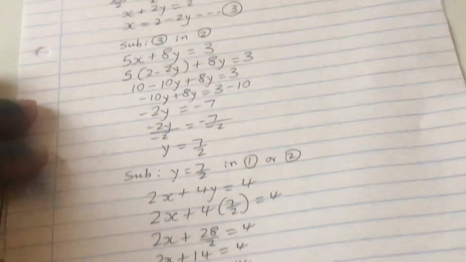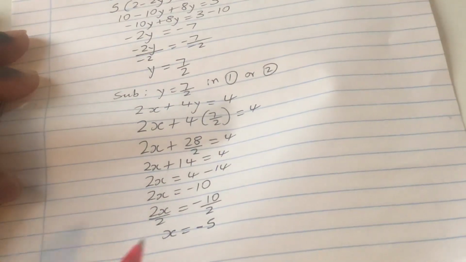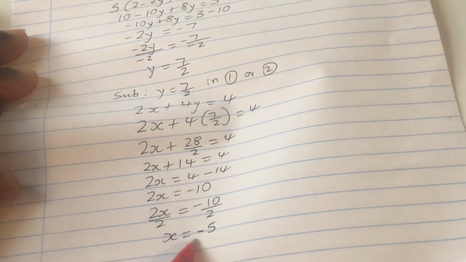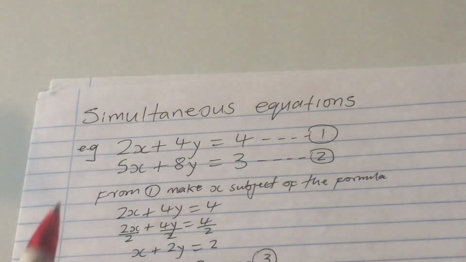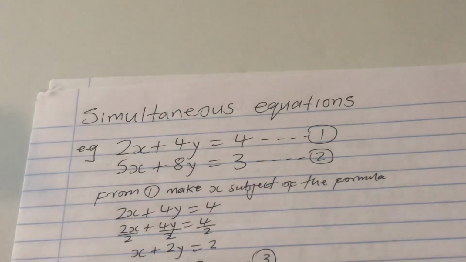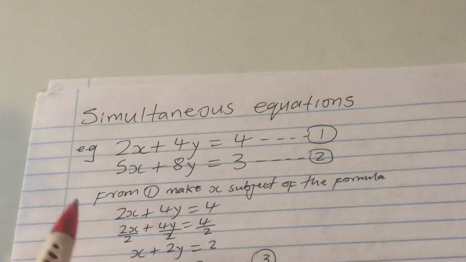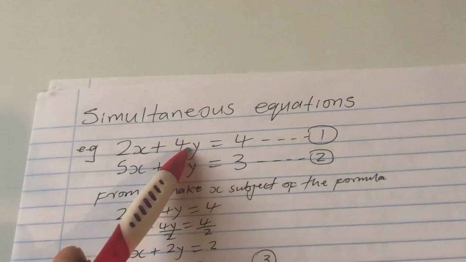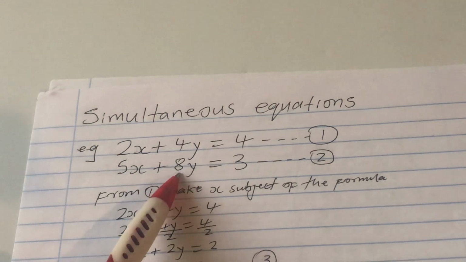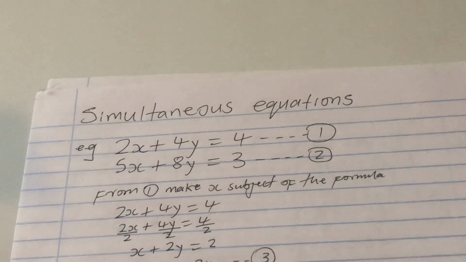And again, if I put the value of x, which is minus 5, in equation 1 and 2, I must get the same value of y in equation 1 and equation 2.